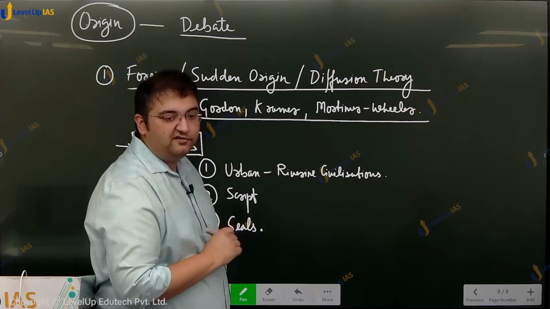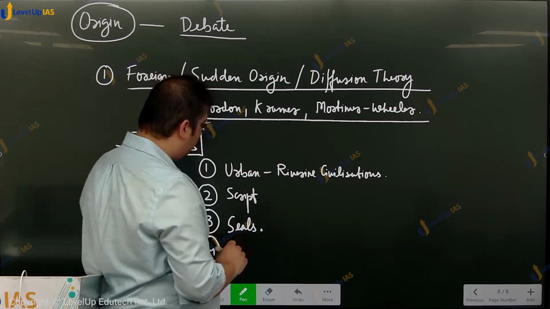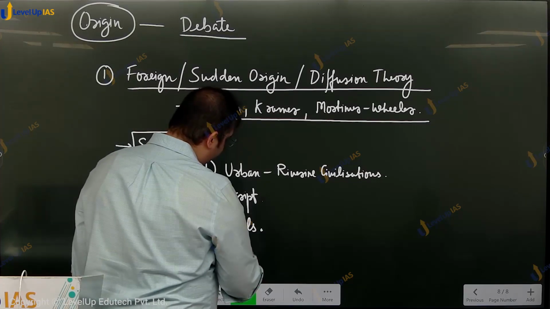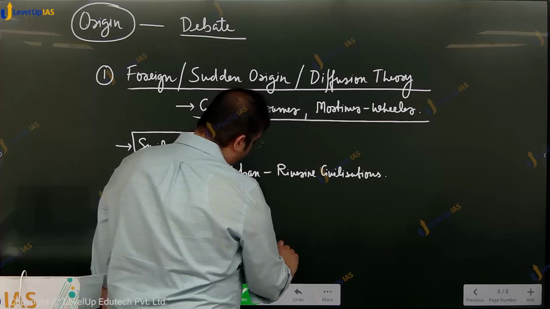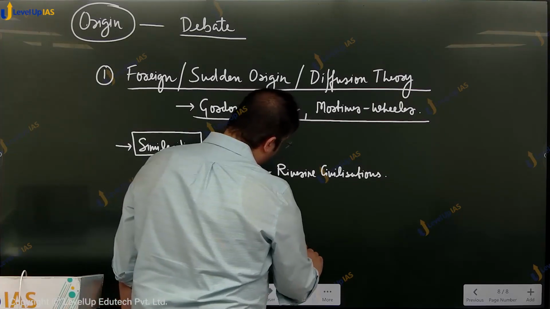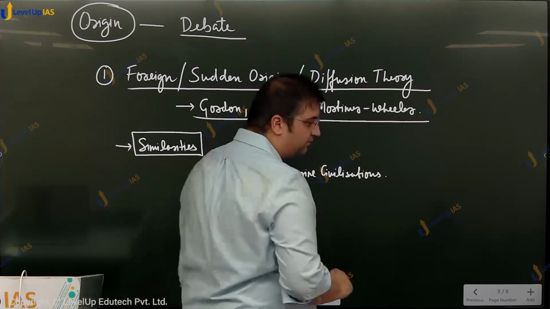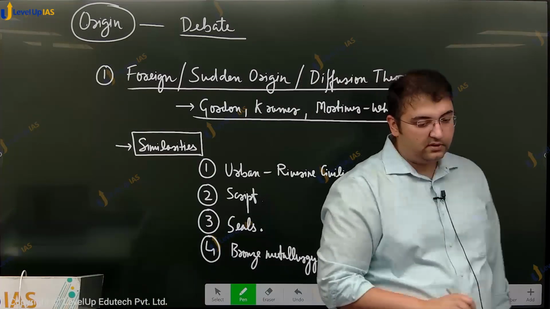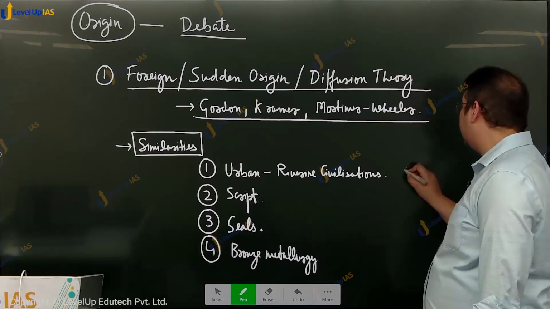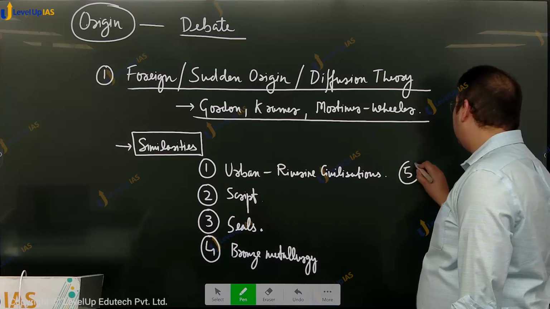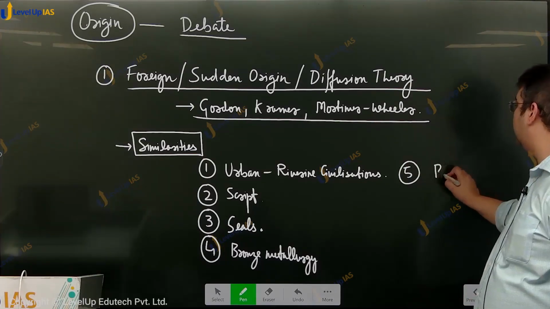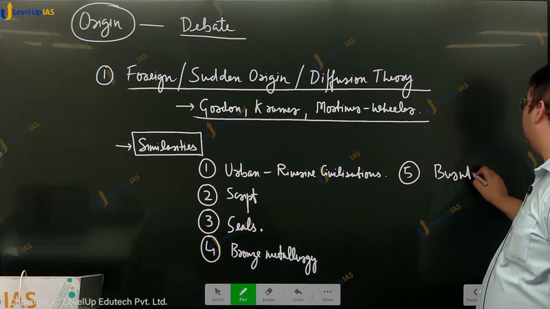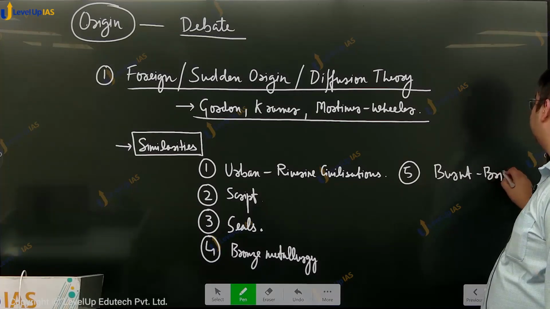That people of both civilizations were adept in bronze metallurgy. And that structures in both civilizations were made of burnt bricks.